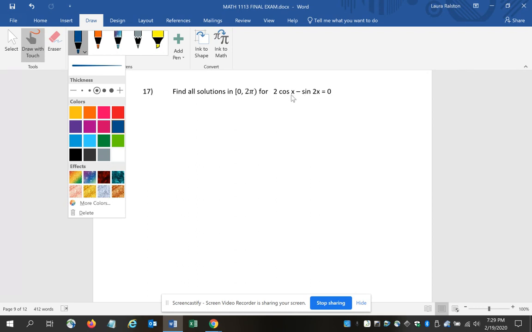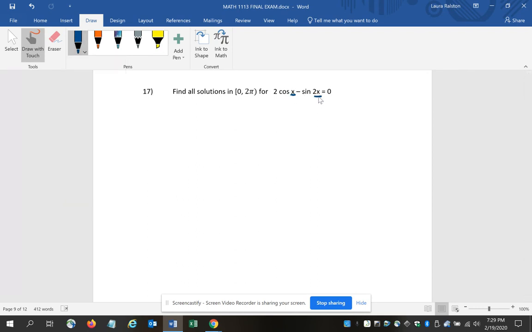So one of the first things I notice here is that I have an x and a 2x. That's like having an apple and an orange. But I have a formula for sine of 2x. There's actually several formulas. The one I like the best is called the double angle formula. It's 2 sine x cosine x.